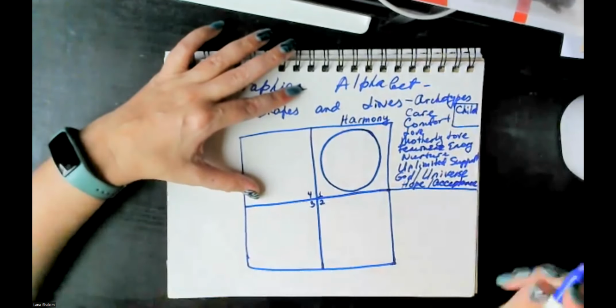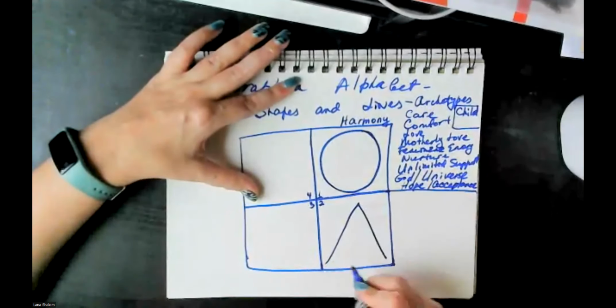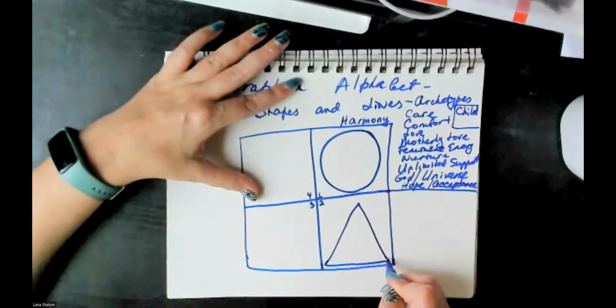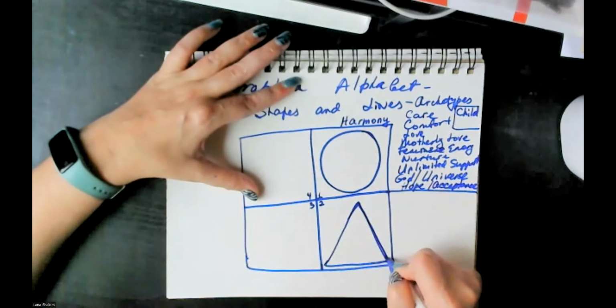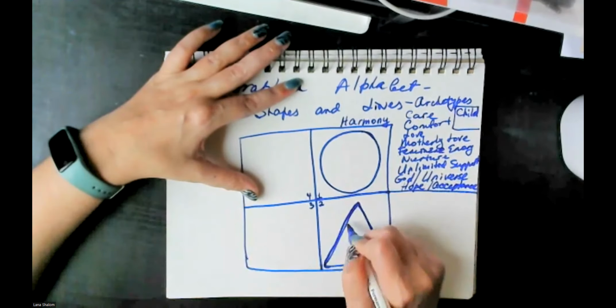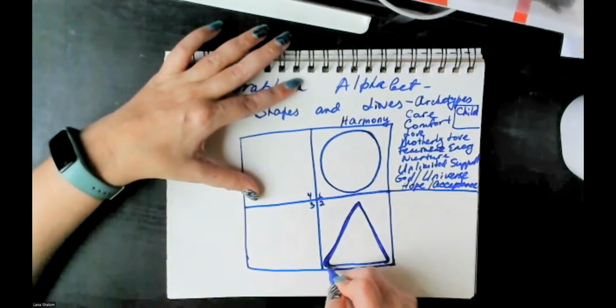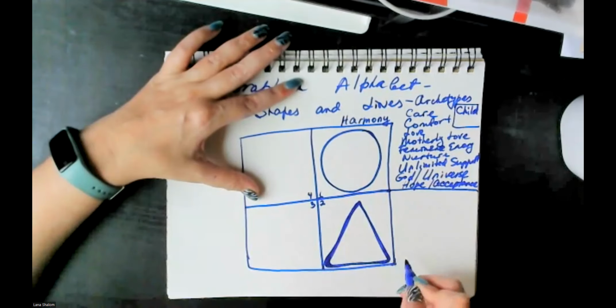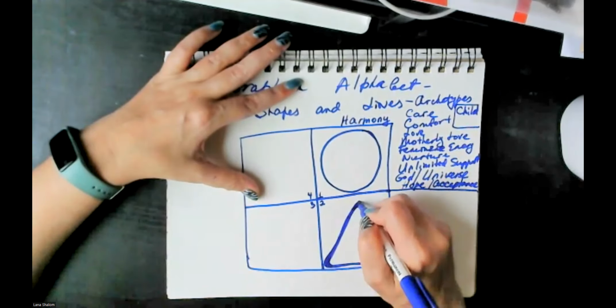The next level of the shapes we have within our quadrant is a triangle. The triangle looks nothing like the circle. The circle is smooth, it has no beginning and no end. It constantly goes round. It gives you unlimited support.